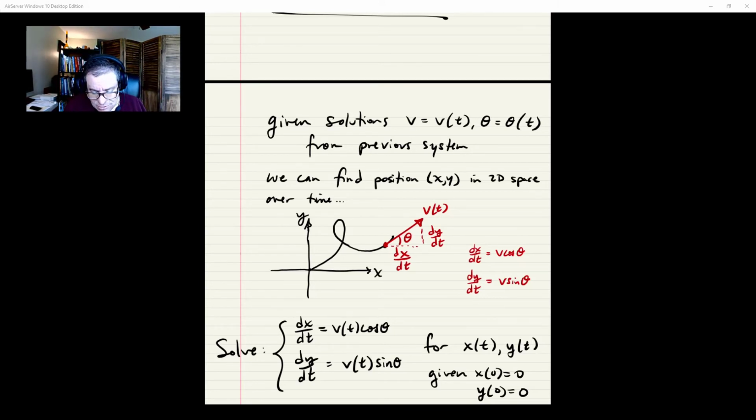And they relate to the speed and direction over time by these differential equations. So I'm solving another set of differential equations for the functions x and y as a function of time.